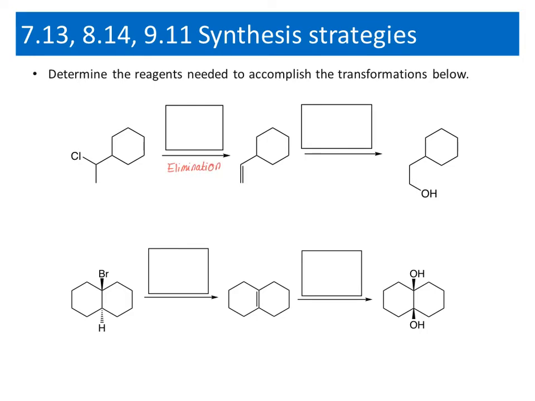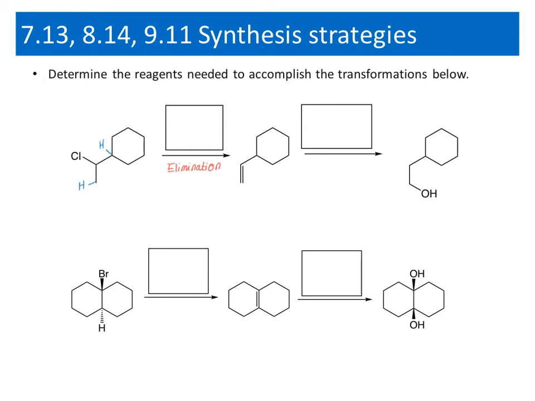Now, when we are thinking about elimination, we need to think about beta proton abstraction, formation of double bond, and loss of leaving group. So I first need to find my beta protons. And I have two types of beta protons in this structure.